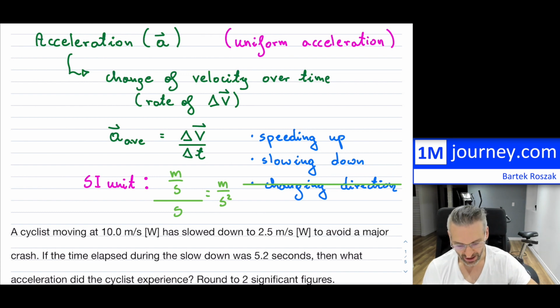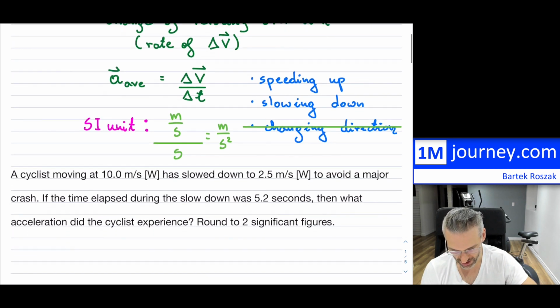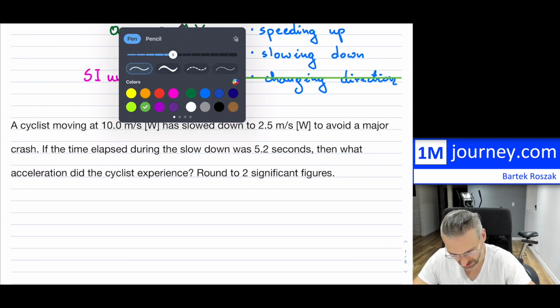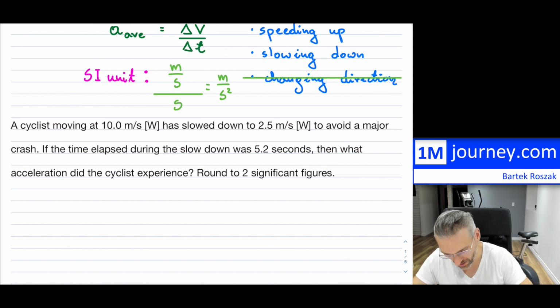So how would we apply this particular formula? Here's a little example to get us kick-started. Let's imagine we have a cyclist, and this particular cyclist is moving at 10 meters per second west. That is the initial speed of the cyclist.